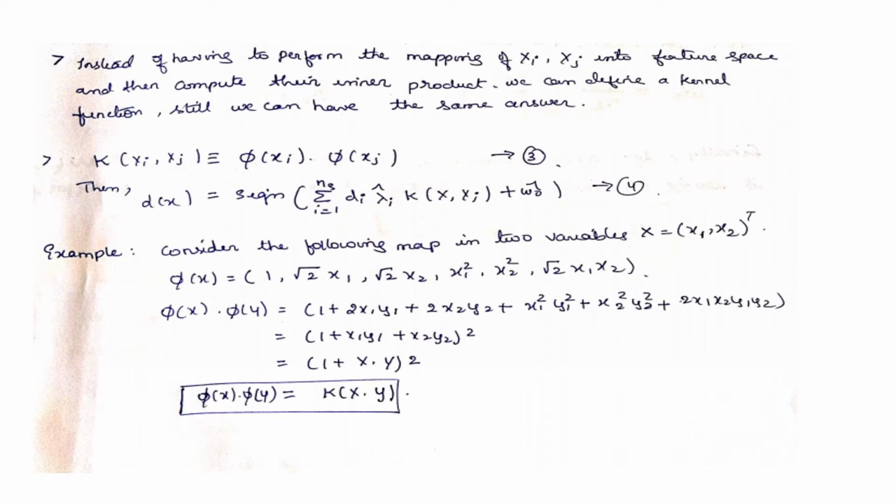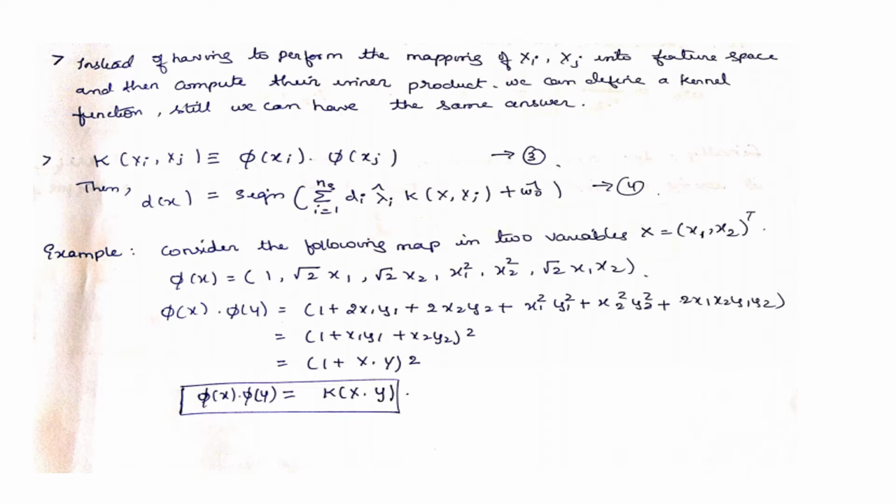That kernel function is denoted as k of xi comma xj, which is equivalent to the inner product of phi of xi dot phi of xj. Then d of x, the output of the neural network in terms of the kernel, is equal to sign of summation i equal to 1 to ns, where ns is the number of support vectors, di the desired output, lambda i hat k of xi comma xj, plus omega naught hat.